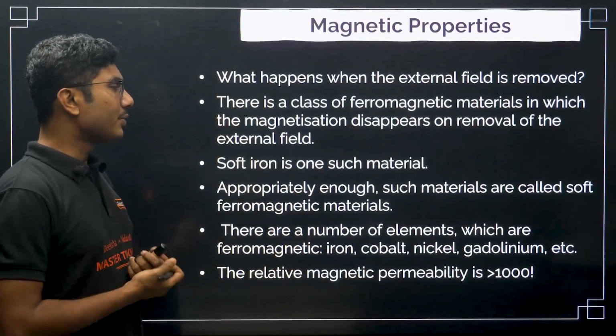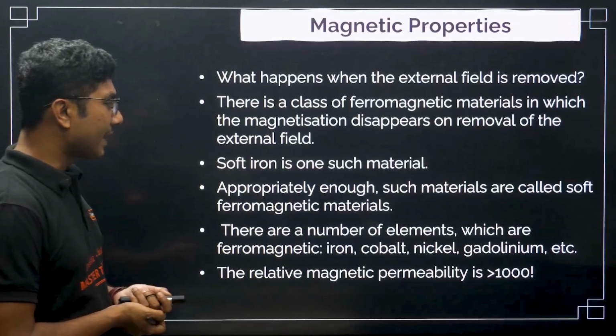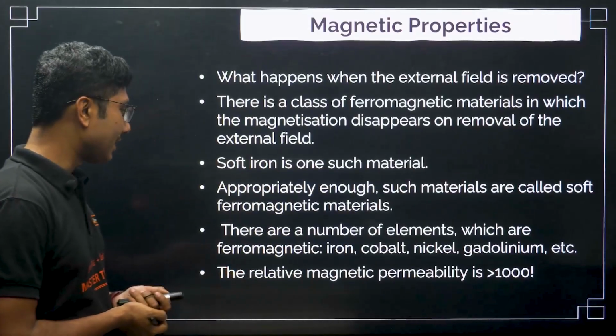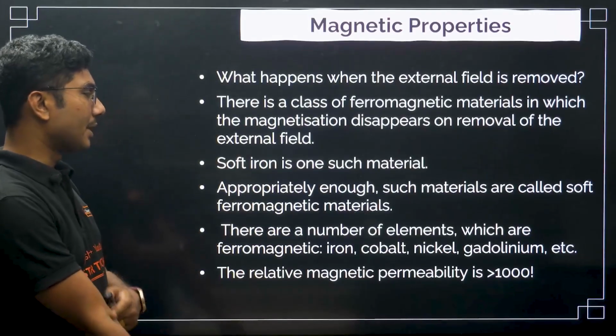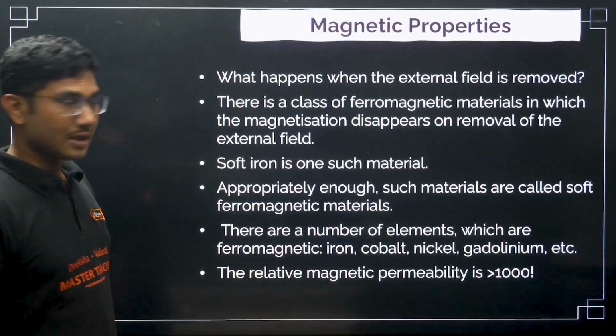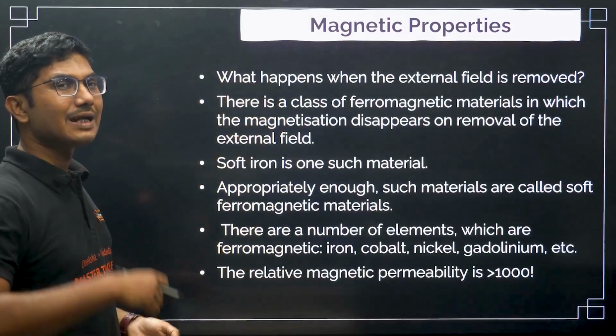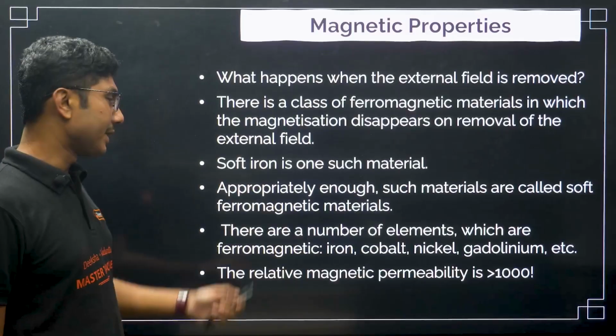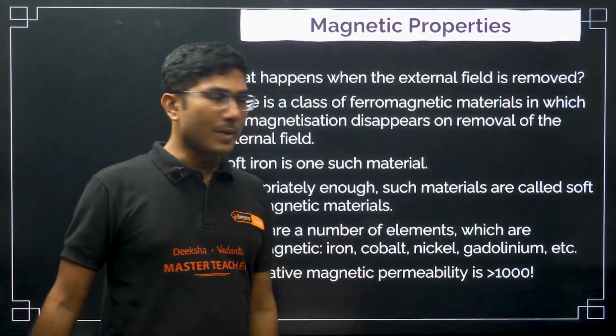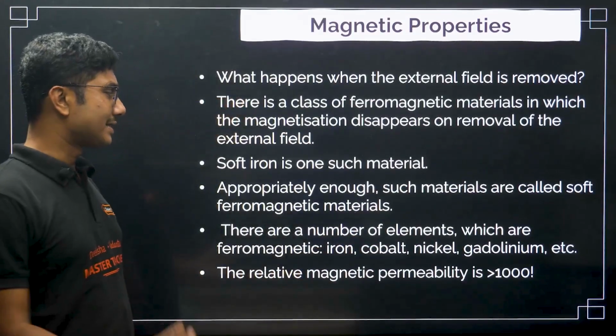There are a number of elements which are ferromagnetic: iron, cobalt, nickel, gadolinium, etc. The relative magnetic permeability is greater than 10,000. Now there are some materials that do not lose their magnetic property. They are called hard ferromagnetic materials. Nickel, cobalt, iron are a few examples.